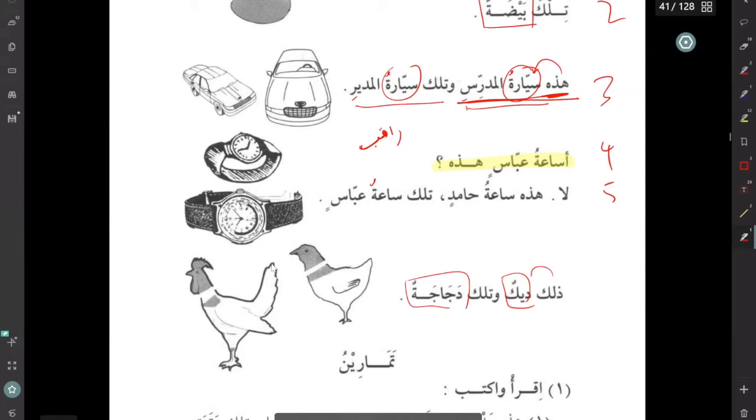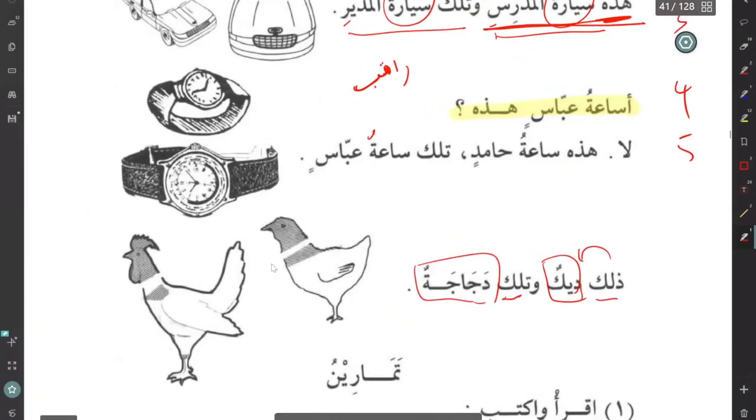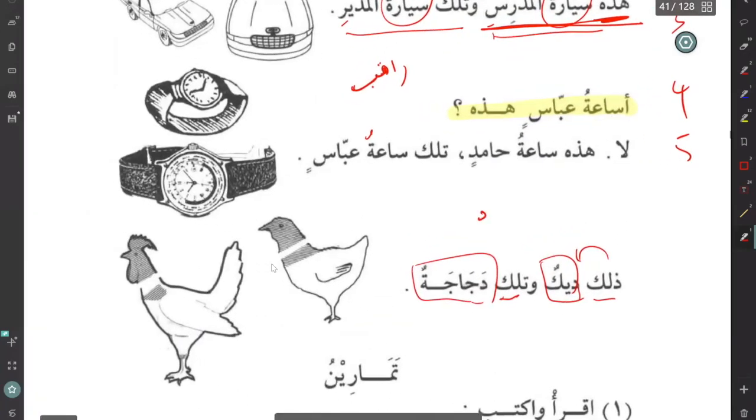Okay, here it looks like the rooster has the masculine, and the chicken is actually feminine, which has tilka. But sometimes you can see the dajaj also without the ta marbuta. I'm just warning you here, so I'm not going to explain too much, but you'll see the dajaj like this, dajajun.